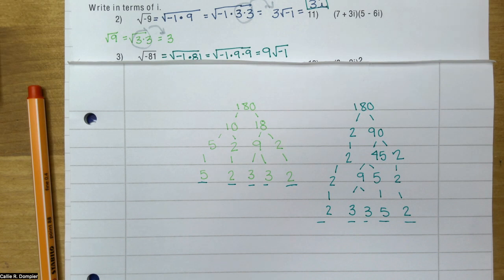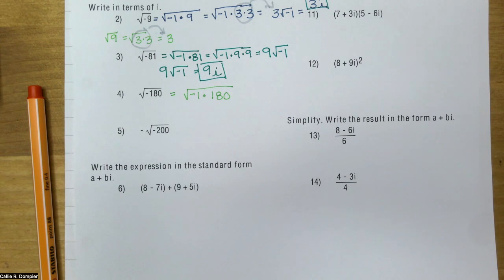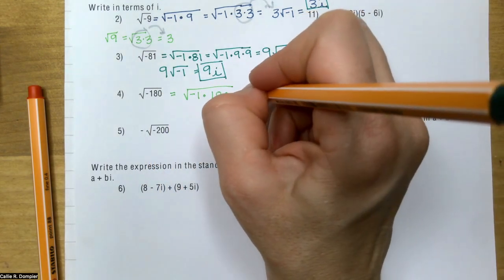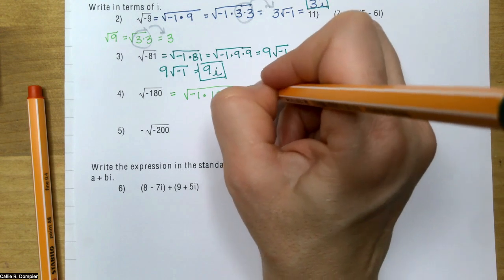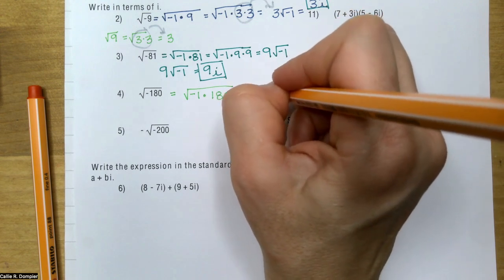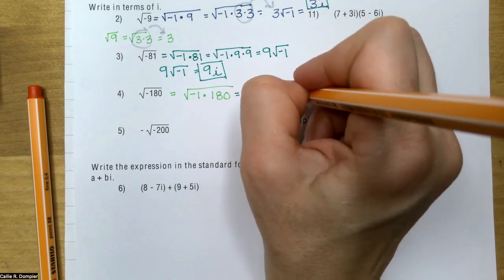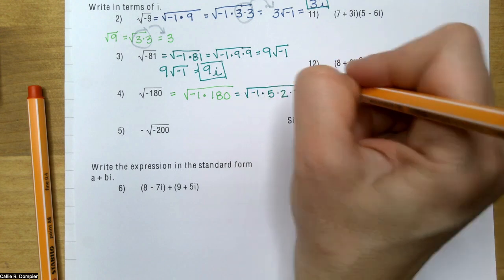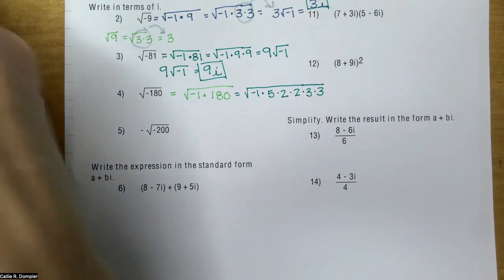If you factor it all the way down, you should get the same prime factorization of 180. So negative 1 times 180 becomes the square root of negative 1 times 5 times 2 times 2 times 3 times 3. Good. Start taking out any pairs you see.